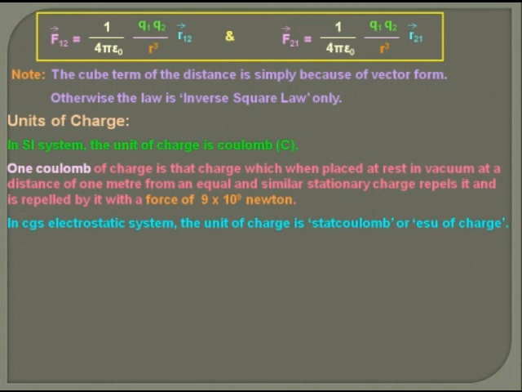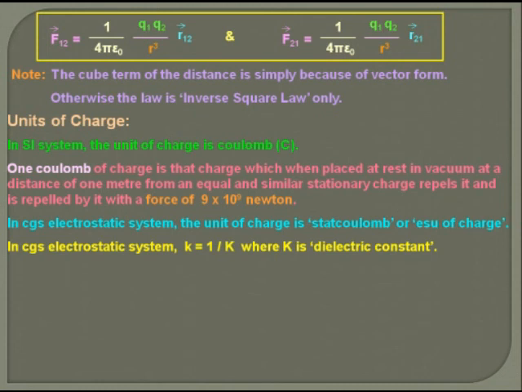So in the CGS electromagnetic system, the unit of charge is stat coulomb or ESU of charge. In the CGS electrostatic system, k is equal to 1 by K, where K is called the dielectric constant. You will understand this in a while. For vacuum, the value of K is 1.